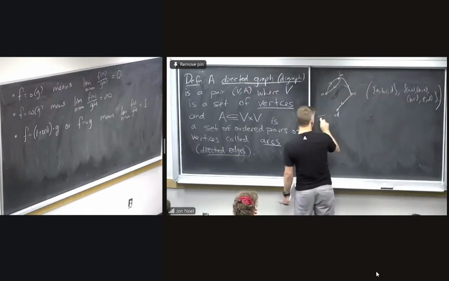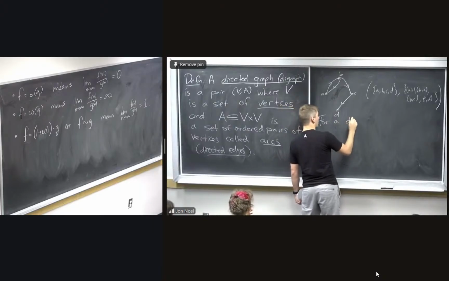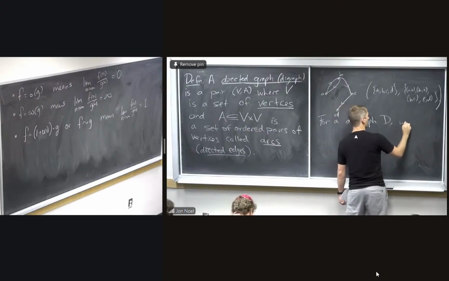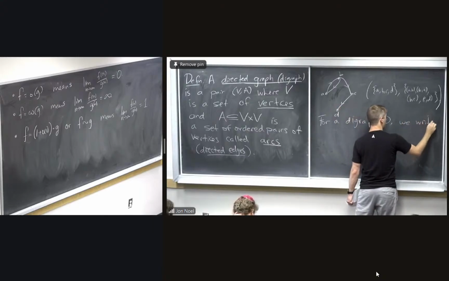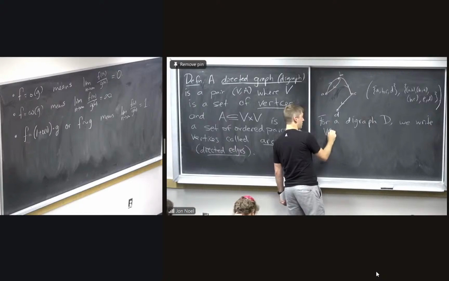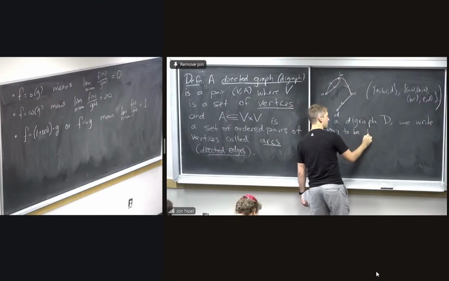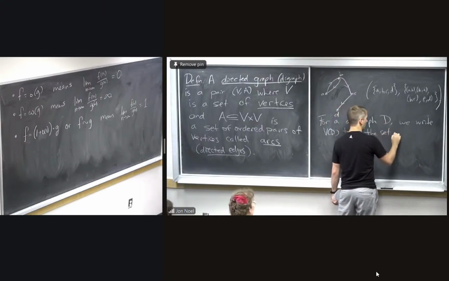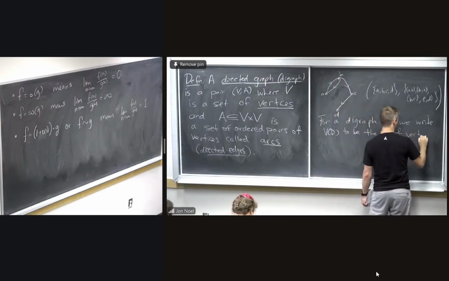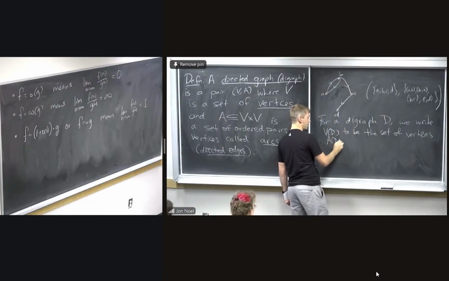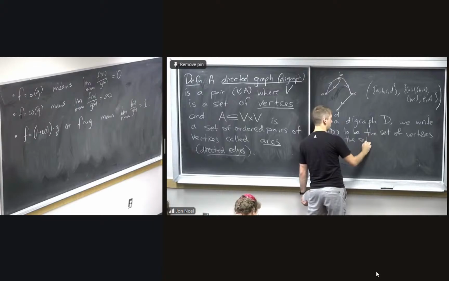So generally for a digraph D, we're going to say V of D is the set of vertices and A of D the set of arcs.